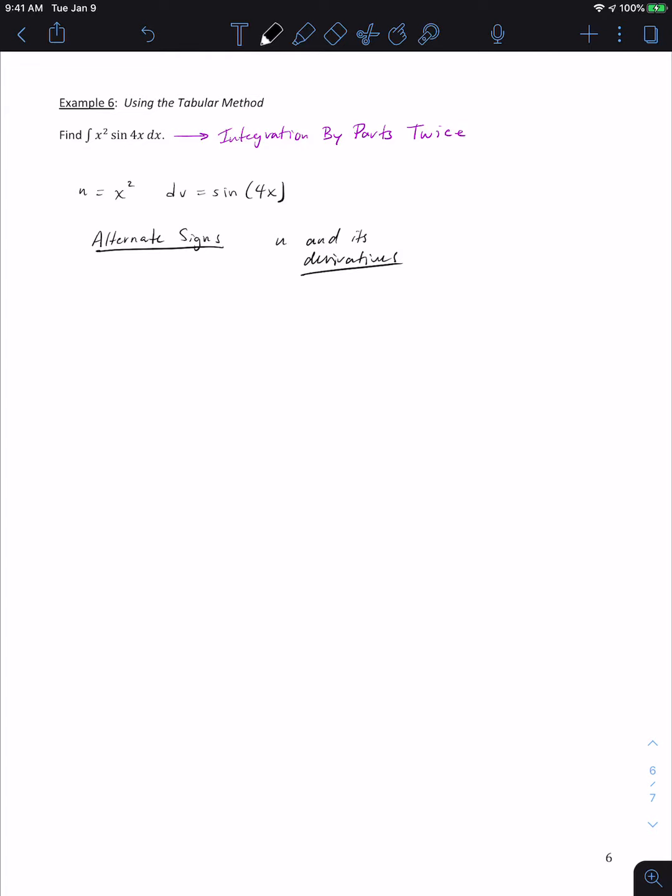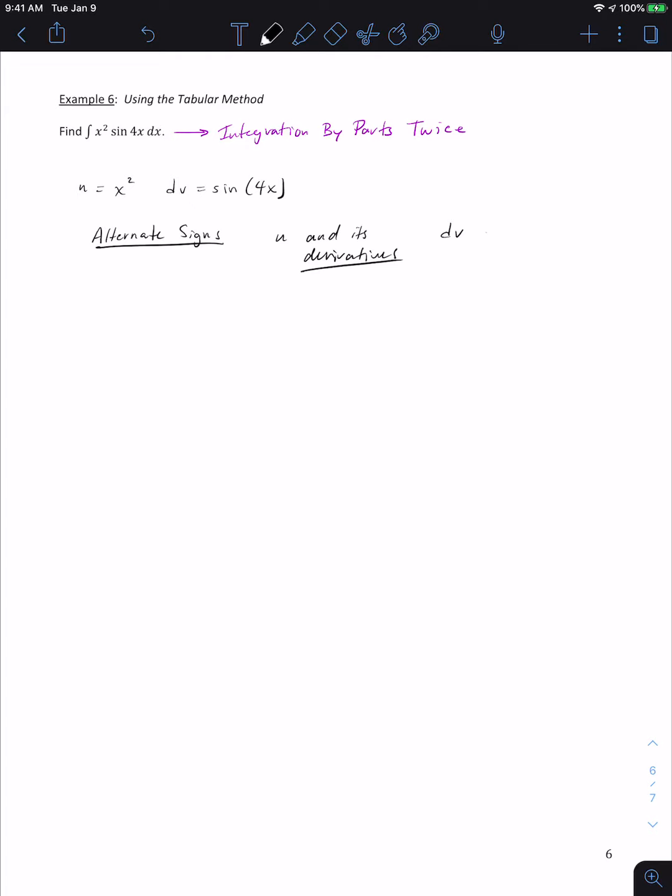And the third will be dv and its antiderivatives. Essentially we're doing all the work we would do in integration by parts, but writing it out in this nice table method so we don't have to worry about the signs. So alternating the signs, we start with the plus here. And u is x squared, and dv is sine of 4x.